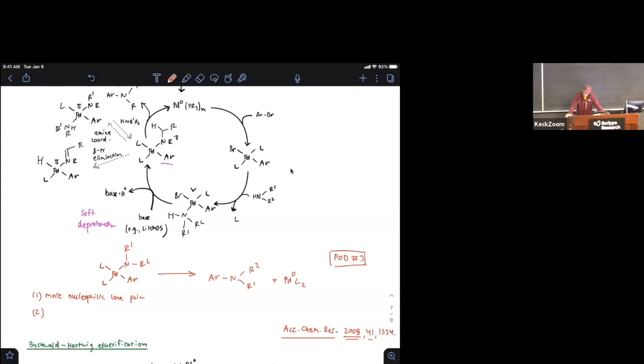This is a good question, and there's a lot to unpack here, Anthony. This is a very astute series of observations. So the question here is about the polarity of this palladium-nitrogen bond.